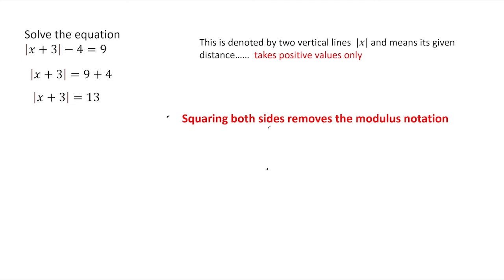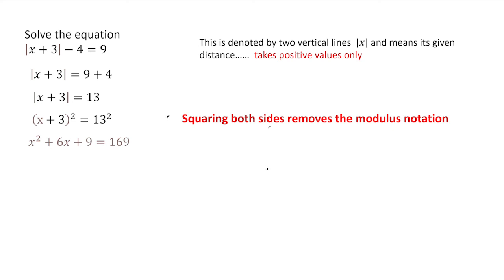Now, we know we need to find two values of x, which will give us a number 13. The other way to do this, method 2, is to square both sides of your equation, which removes the modulus notation. So I have x plus 3 squared equals 13 squared. Expanding this gives us x squared plus 6x plus 9 equals 169.